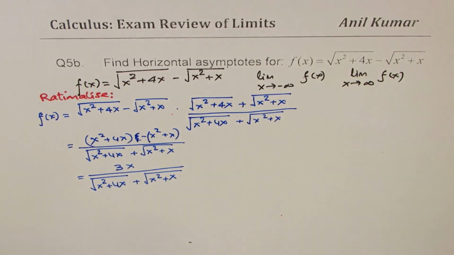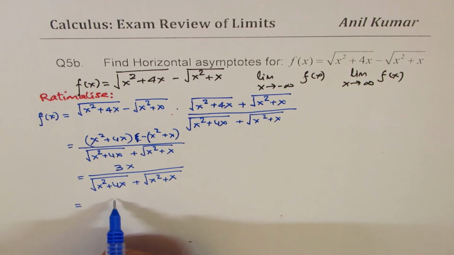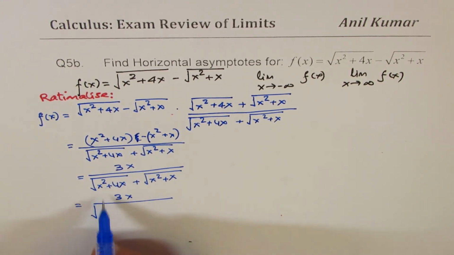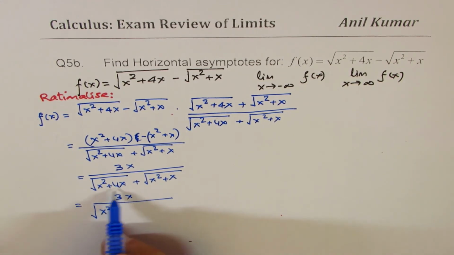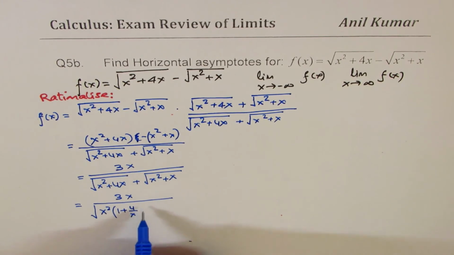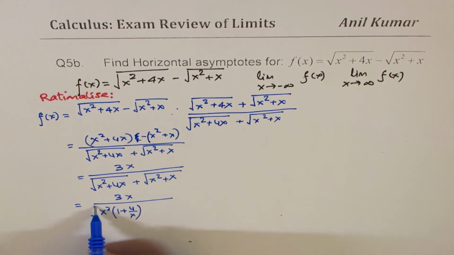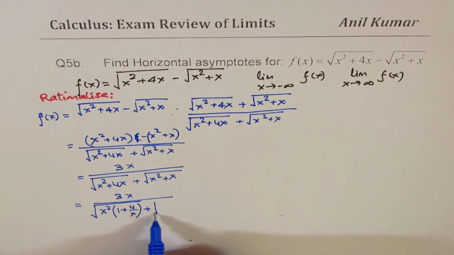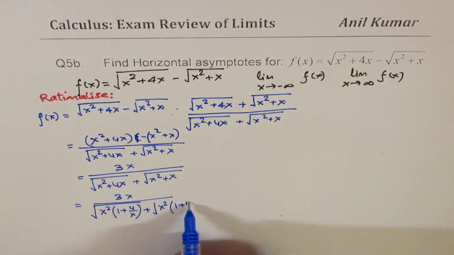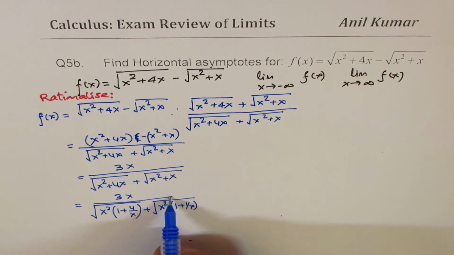Is that clear? Right? So now we'll actually take x squared common in both these cases. So we could write this as 3x over square root of, if I take x squared common, I get 1 plus 4 over x in the first square root, plus in the second one I get x squared common, I get 1 plus 1 over x. Does that make sense to you?